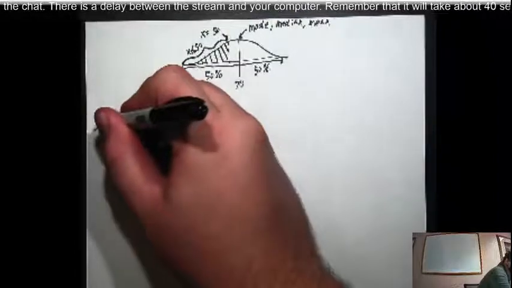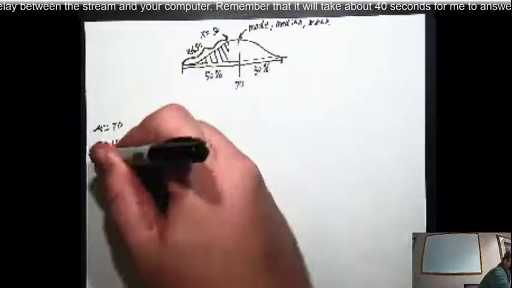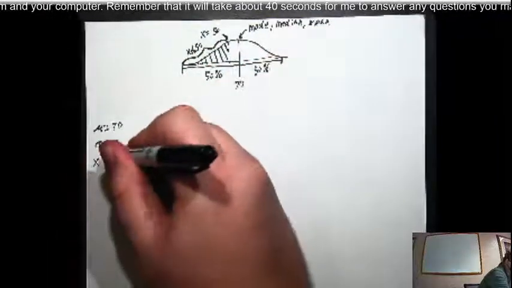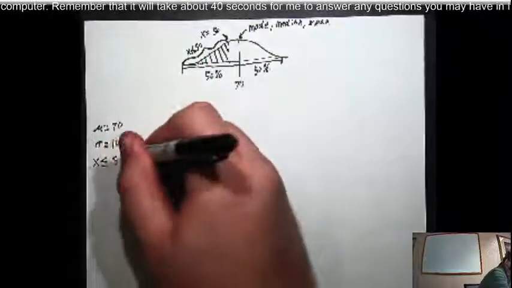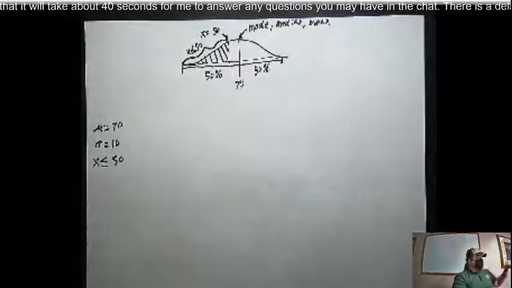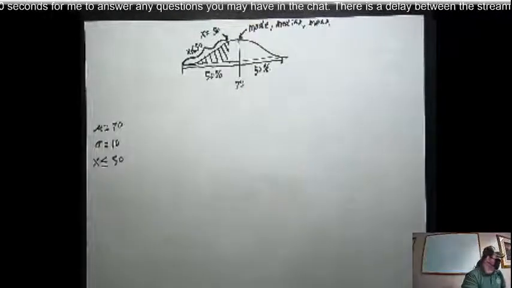So just to lay things out a little bit more clearly, our mean is 70, and we want to find the area that represents x is less than or equal to 50. So how much of our data is less than or equal to 50? How much of it is behind 50?